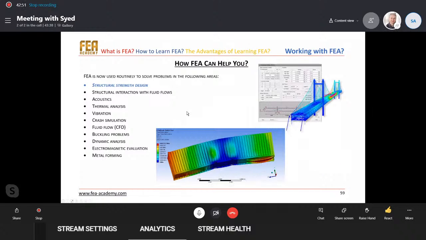So here, I want to share with you the common cases where FEA is used by engineers to solve complex problems. First, it is used for structural strength design, like cars, aircraft, bridges, a lot of very complex structures.